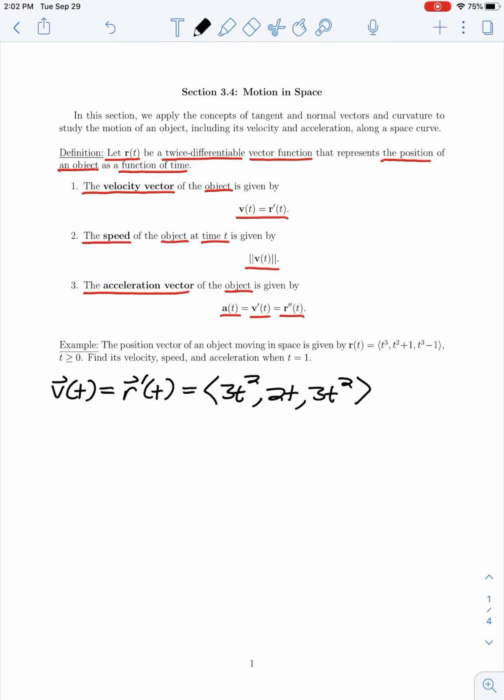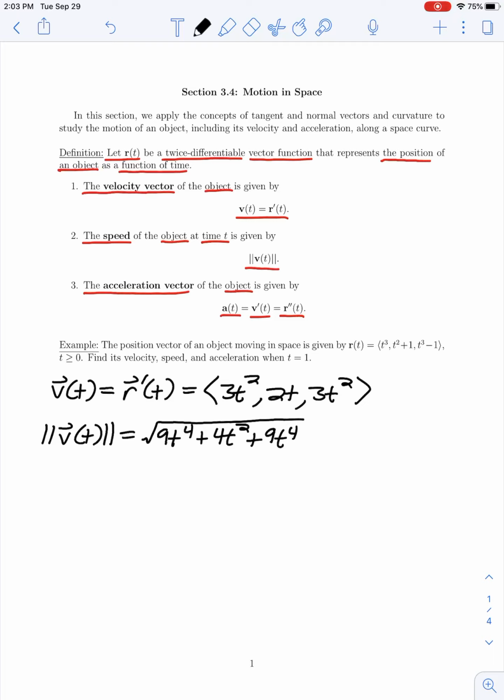Once we have the velocity vector, we can find speed as the magnitude of this velocity vector, and that would be the square root of the sum of the squares of the components of this velocity vector. So squaring the first component, we would have 9t to the 4th, plus the square of the second component would be 4t squared, and the square of our third component would be 9t to the 4th.